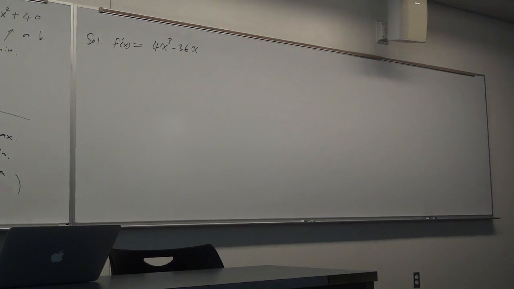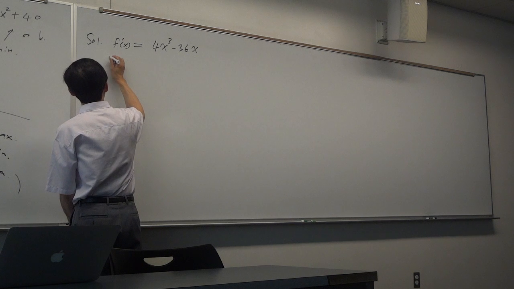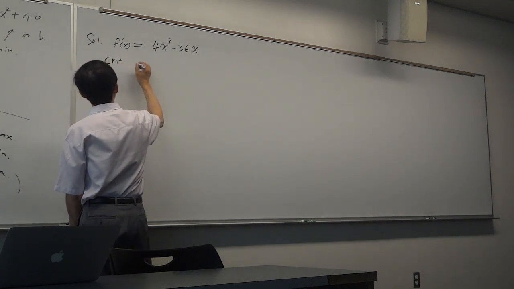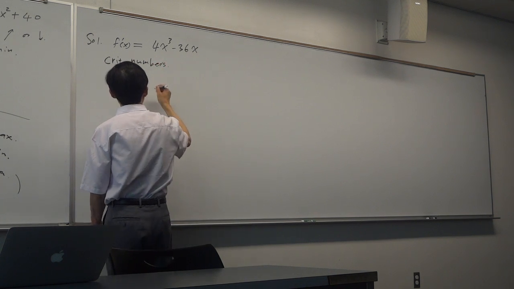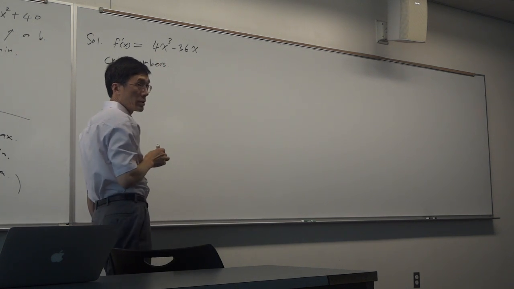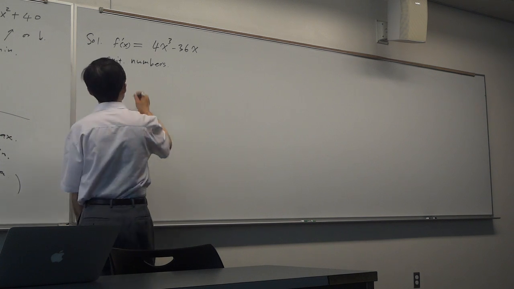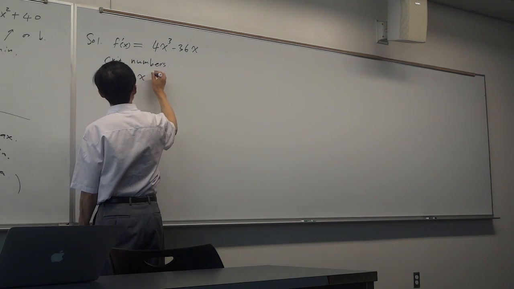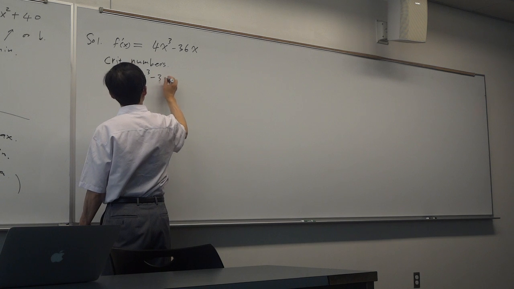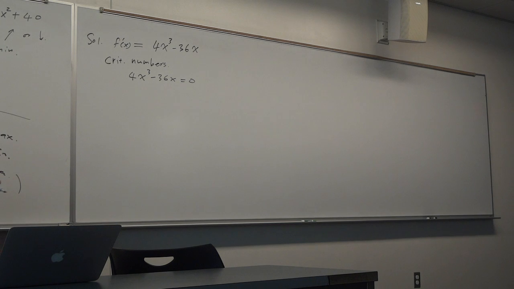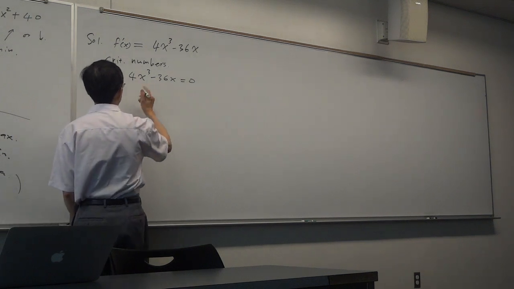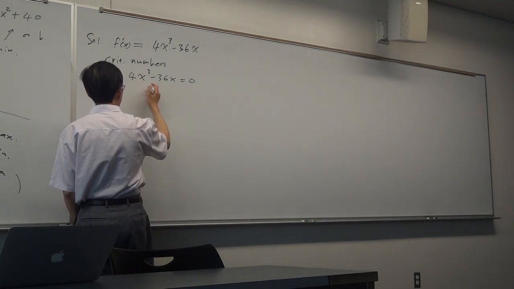Well, let's determine the critical numbers. Critical numbers are the numbers for which f prime equals 0 or does not exist. In this case, it's simply equals 0 because f prime x does exist everywhere. So set that to be 0, divide both sides by 4, take out a common factor x.